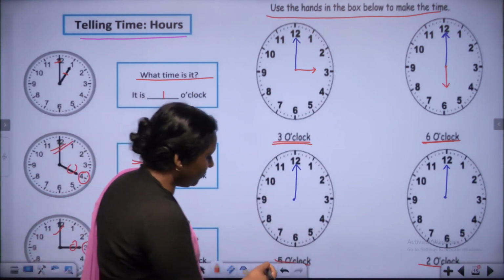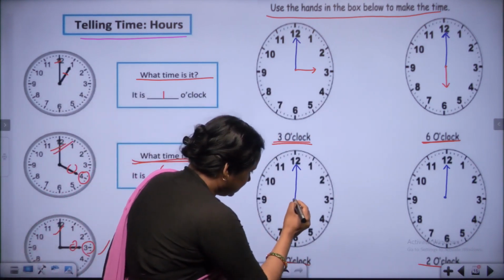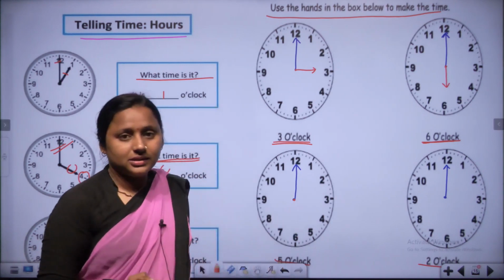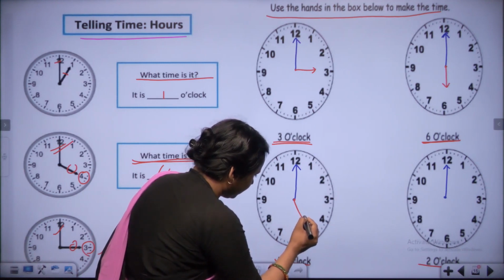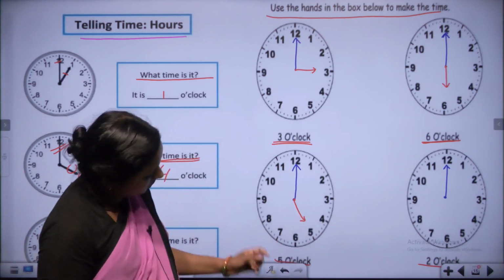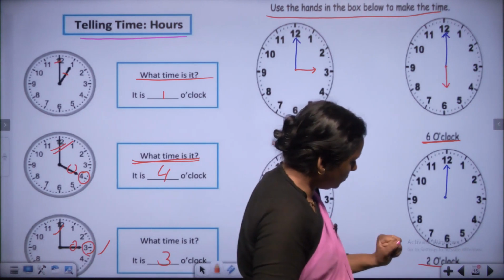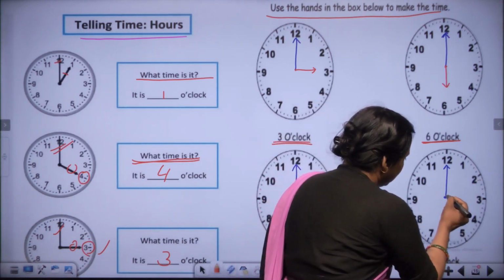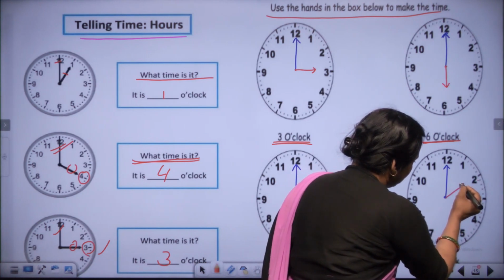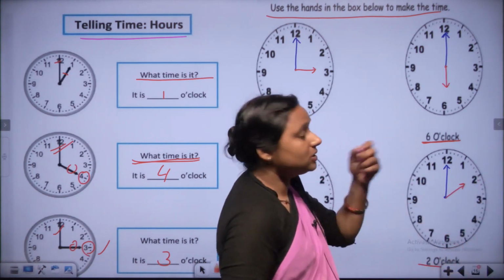Okay. Then 5 o'clock. कहाँ जाएगा our hand? Yes, 5 में. This one is 5 o'clock. Okay. And 2 o'clock. 2, where the right is 2? Yes, here. We draw 2 o'clock. Our hand is shorter hand.